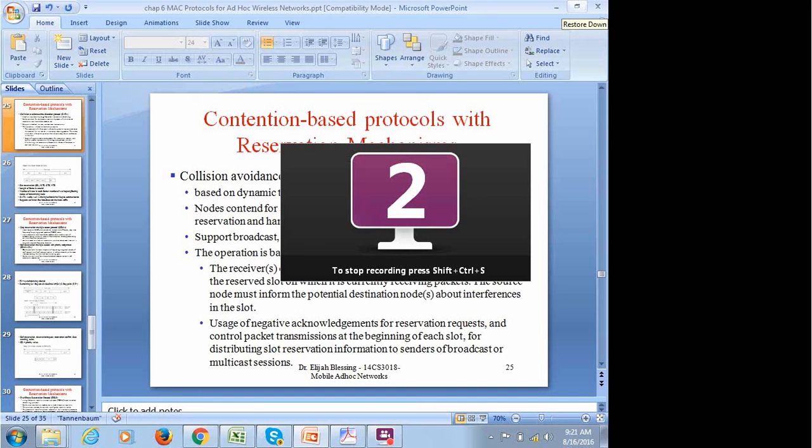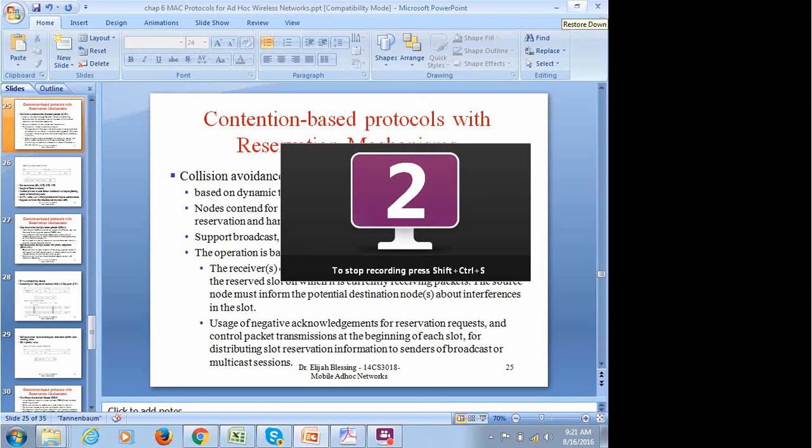Okay, and the last one for today's class would be the soft reservation multiple access with priority assignment protocol. Now there is a requirement here to fix a priority.